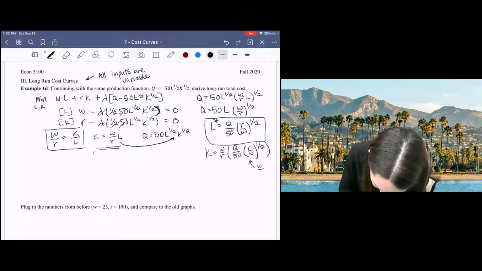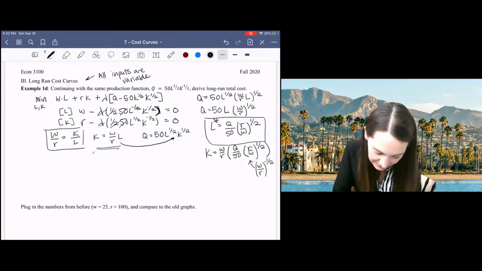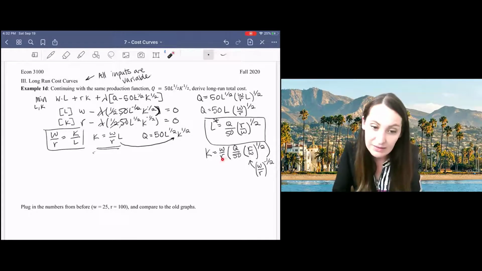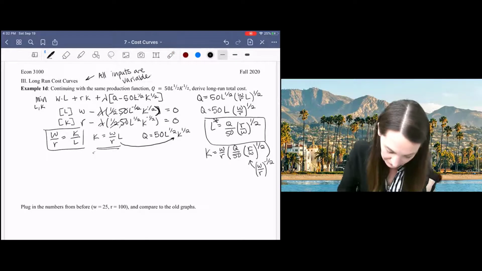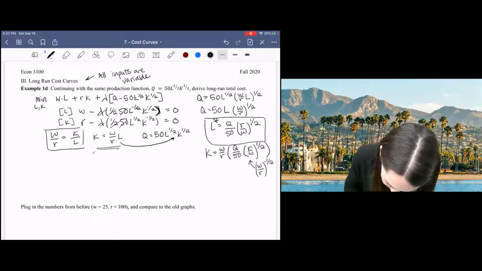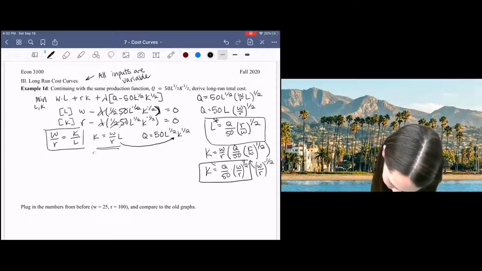This is W over R to the negative 1/2, and that will allow me to more easily combine with this term. Okay, so I've got K equals Q over 50 times W over R to the 1/2.